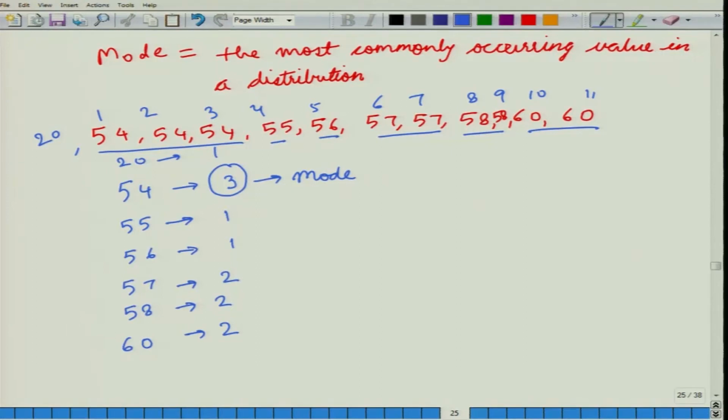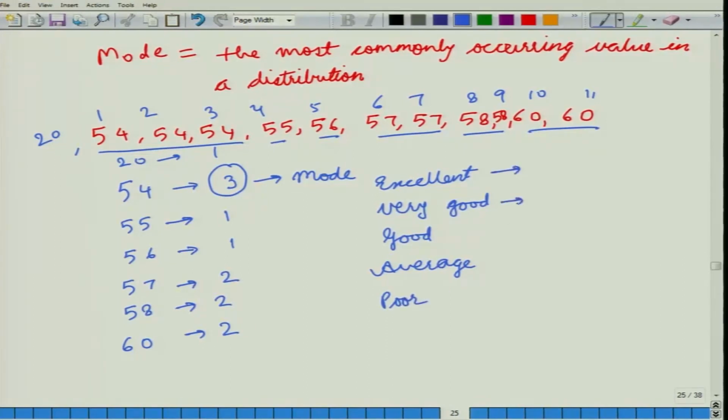So, for instance, if you wanted to ask people to rate something on a scale that said average, good, very good, excellent, and maybe poor, and suppose the number of people who opted for these values was, say, 20 said it was excellent, 30 said it was very good, 20 again said it was good, average was said by 15 people, and 10 people said that it was poor.